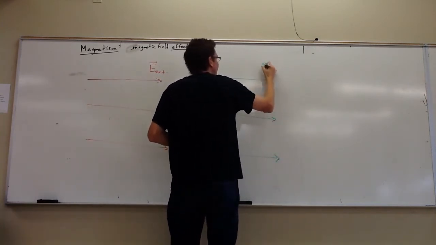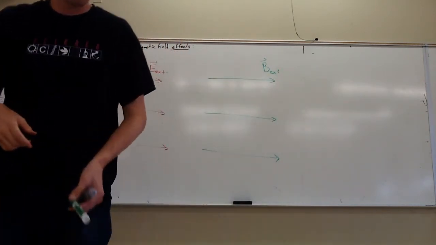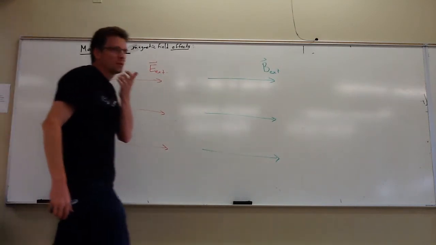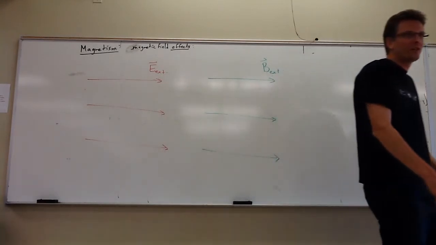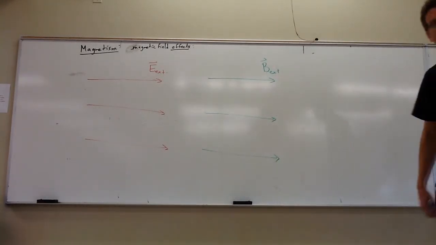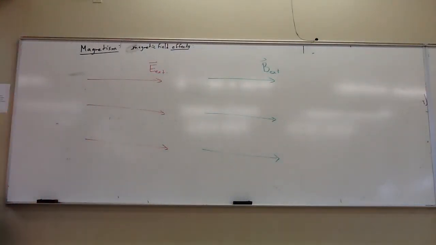And what we use for that, we use B. So this is going to almost be kind of like a virtual experiment. I'm going to drop charges into both of these fields in turn, and I'm going to compare and contrast and see how these things are affected.